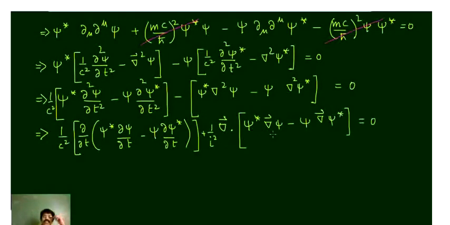See, from this term I get two terms like this, del psi dot del psi star here, and from the first term we get this, and from the second term we get this.